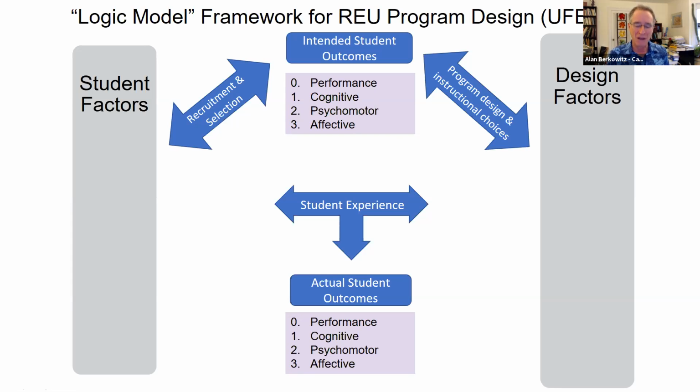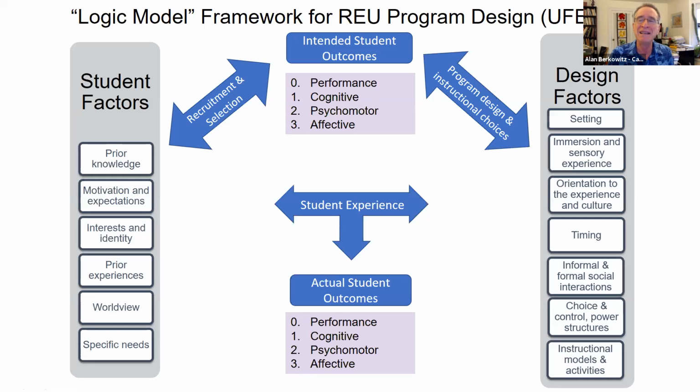And these are the framework now fleshed out. I'm not going to go into a lot of detail about these, but just to make you aware that a lot of thought has gone into, well, what is it about students that you need to know? What do they already know? Why are they participating? What are their interests and identity? What's their worldview?